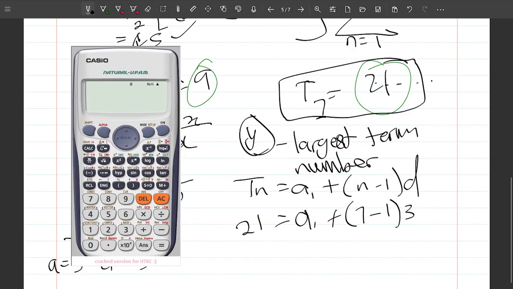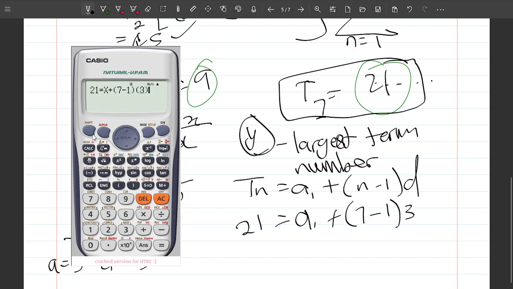So set this aside. Then for the calculator, I'm going to make it solve it for me. So 21 is equal to a, which is unknown. I'll use x in this case, plus 7 minus 1, and then instead of d it's just a 3, then shift solve and equals. I have a syntax error there because I don't have a bracket there.